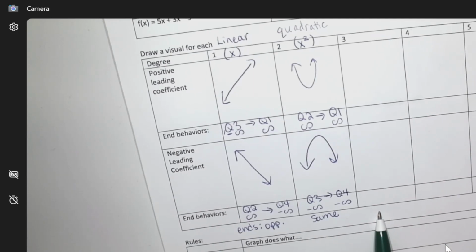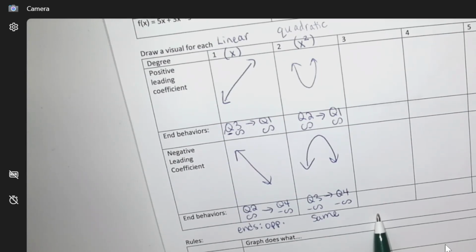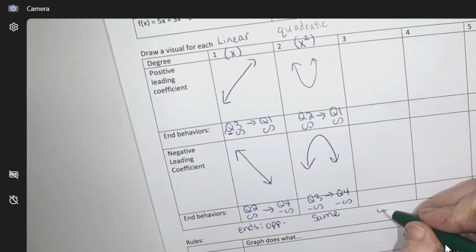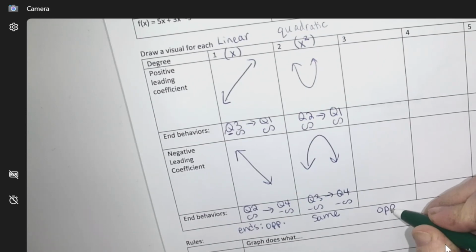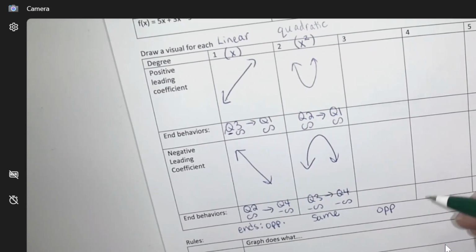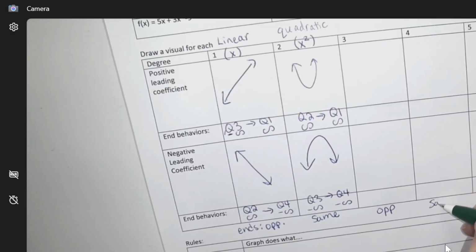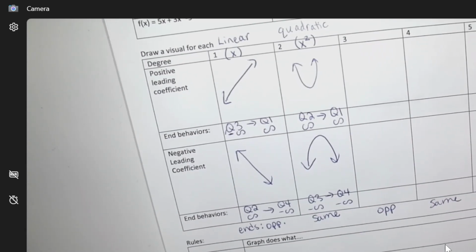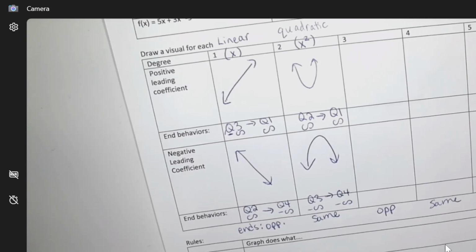Any predictions moving forward? If you do an x cubed, what do you think about the arrows? Would they go in the opposite or same? They would be opposite. A fourth would be the same, and a fifth would be opposite. Why is that mathematically happening?